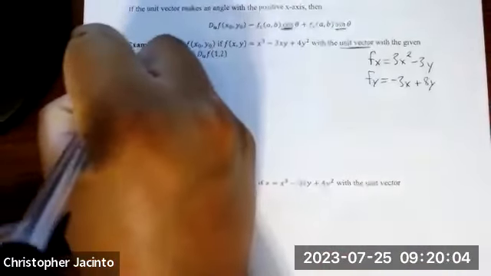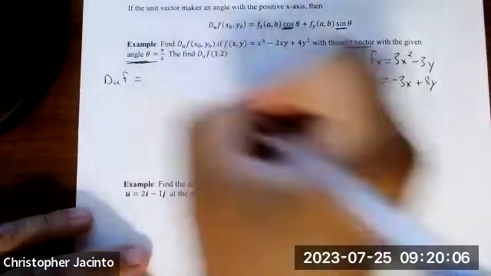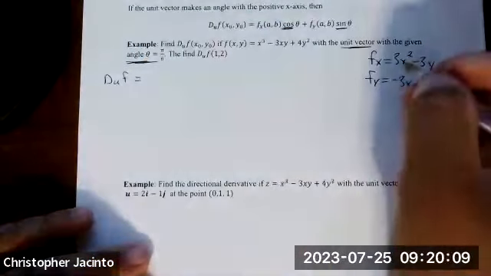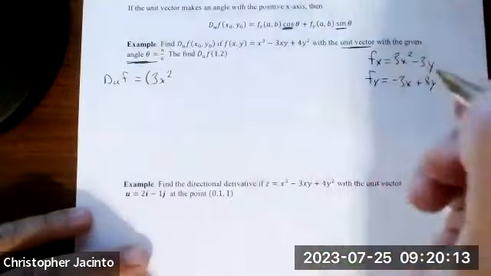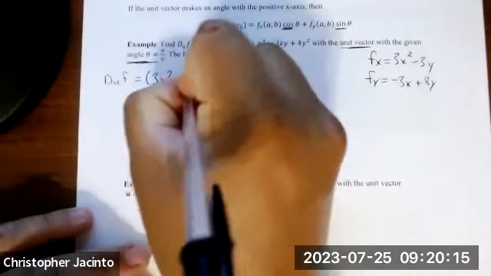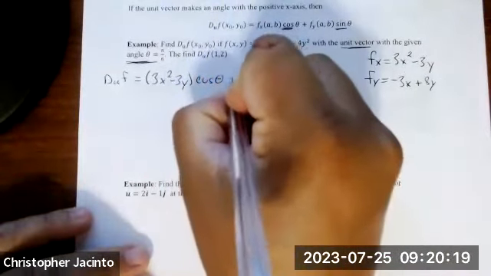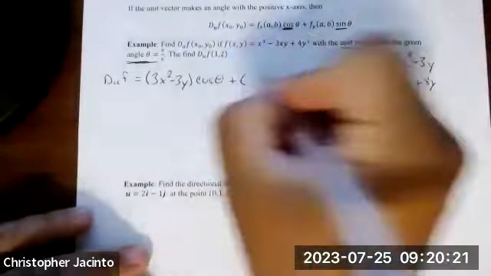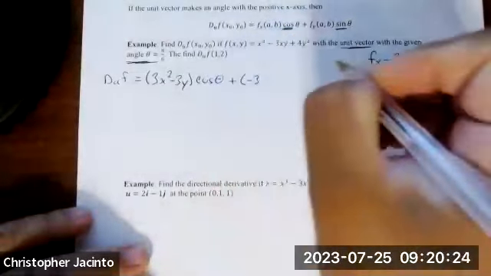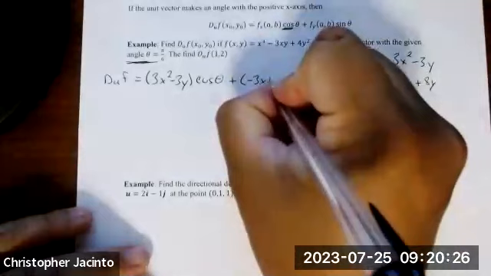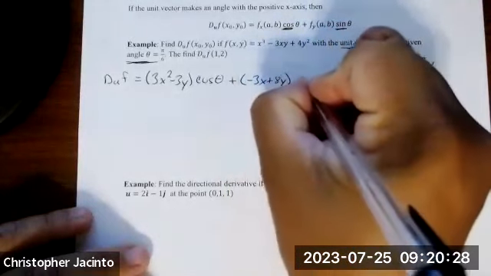So the directional derivative is going to be, according to our equation, this times cosine theta plus this times sine theta.